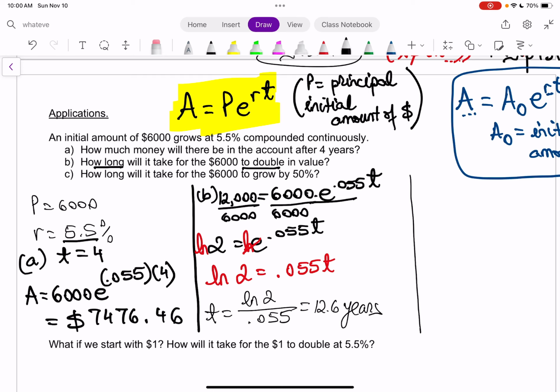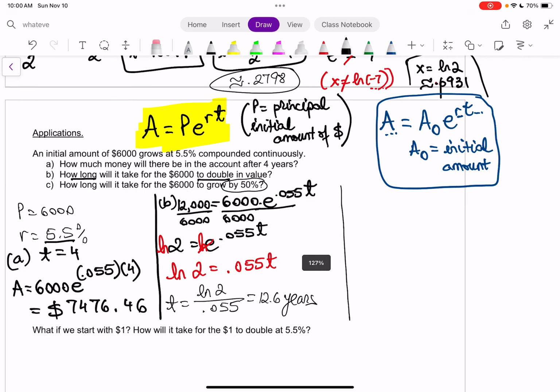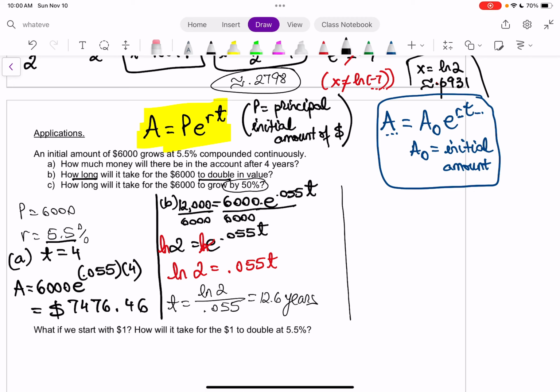All right, one more time. How long will it take for the $6,000 to grow by 50%? To grow by 50% simply means that you are going to make your $6,000 grow by 50% of 6,000.